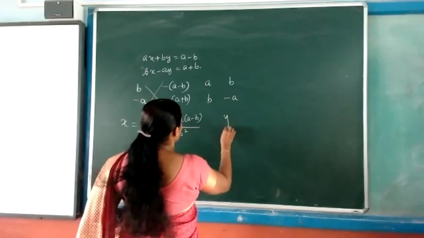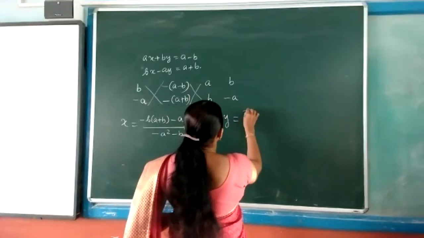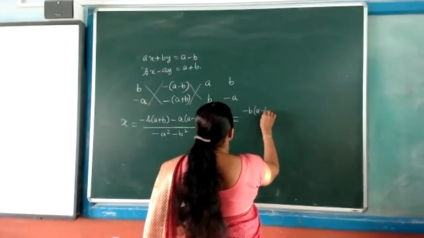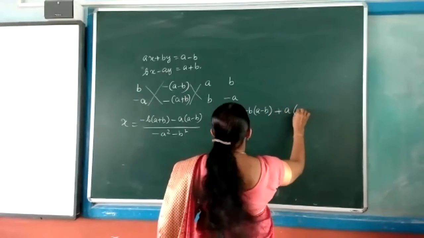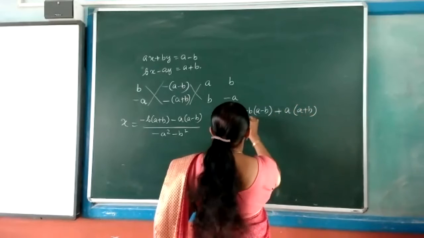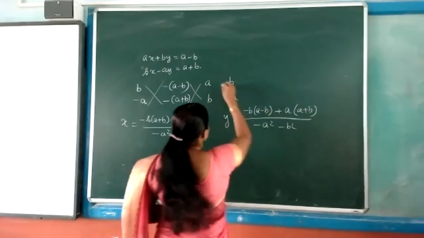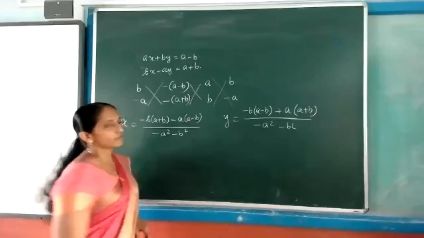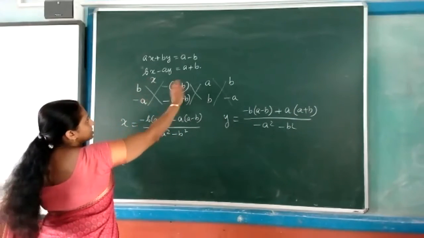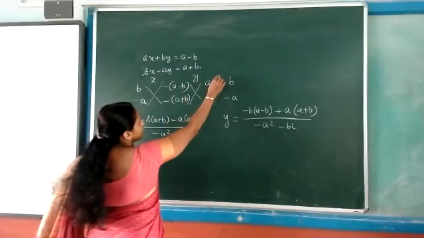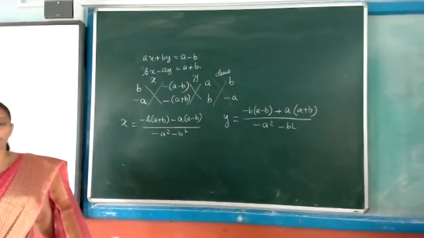And y equal to this one. Y equal to minus of b into (a minus b) plus a into (a plus b) upon minus a square minus b square. This is our denominator for both. This is our x value, this is our y value, and this will be our denominator value by cross multiplying.